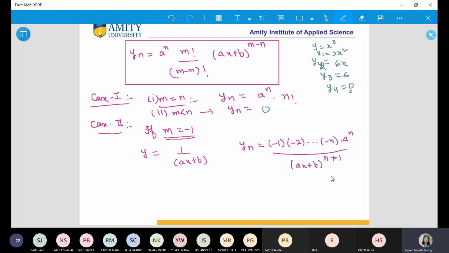We can write it as yn is equal to (-1) to the power n, a to the power n, factorial n, divided by (ax plus b) to the power n plus 1. Is it fine or not?